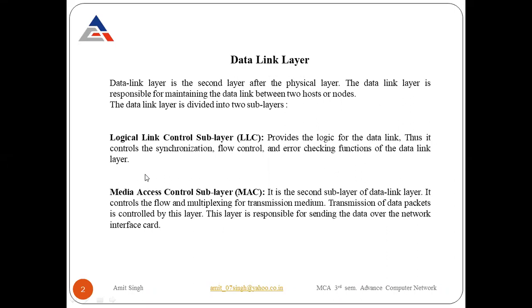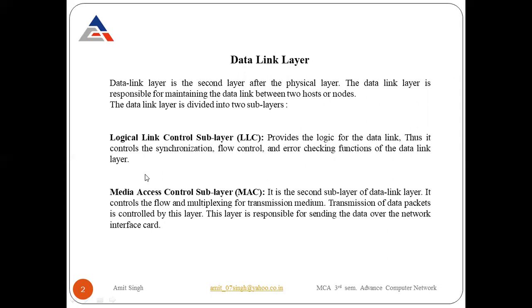The second is flow control. Flow control means whenever any system wants to send data, it can control the flow of the data. What does it mean? Suppose communication happens between two devices, device A and device B. Device A sends data at a speed of 5 bits per second, for example, and the receiver receives 3 bits per second.